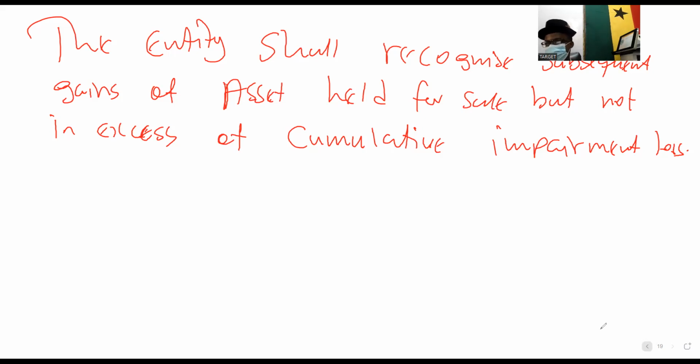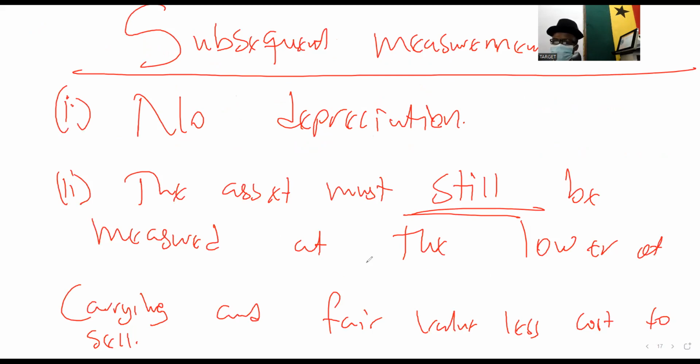I'm done with this. Take notice of all this stuff I've written here, and they are very important. This side is where final level 3 normally uses to reduce the pass rates.